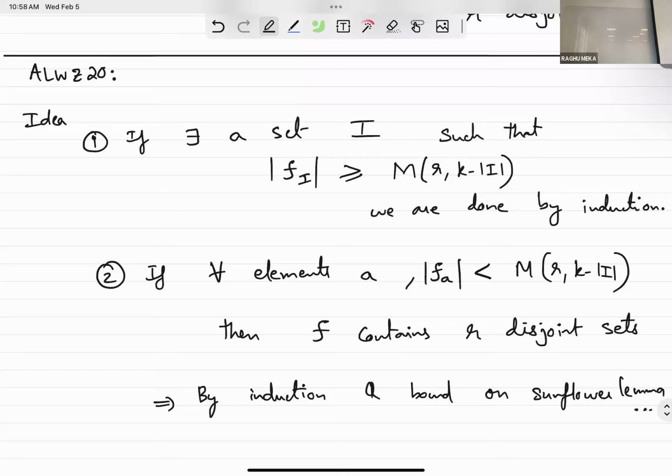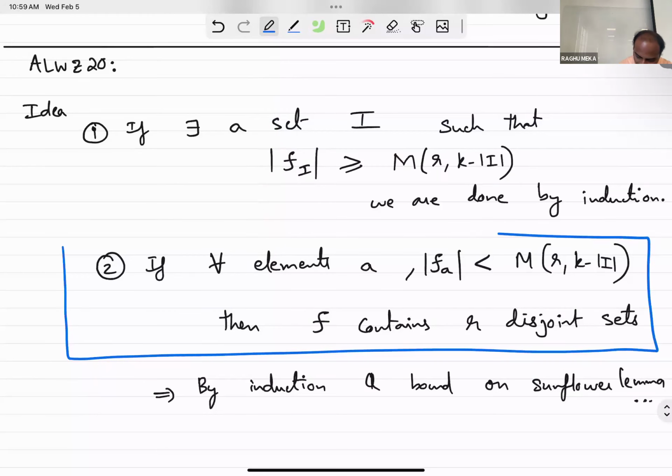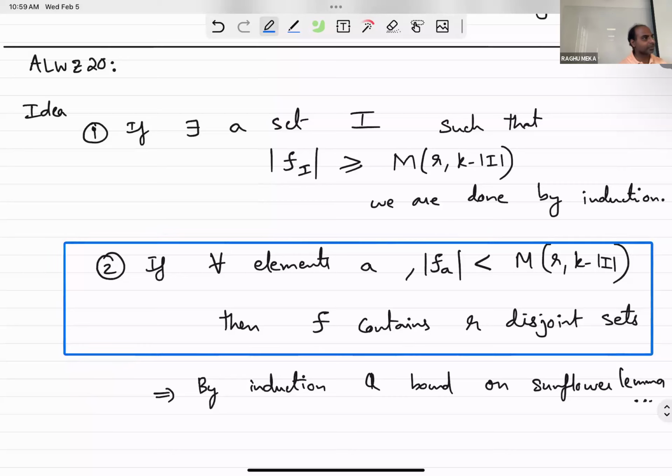Okay. Even in Erdős–Rado's classical argument, that's where we basically said, if none of the elements is contained in many things, then by some kind of averaging, you must contain R disjoint sets. Okay. So step 2 is where the complicated things are, and that's what we're going to focus on.